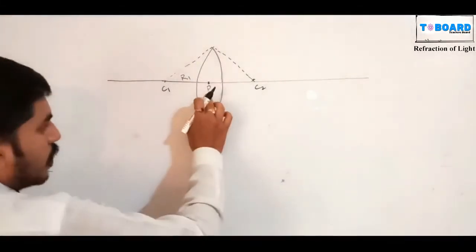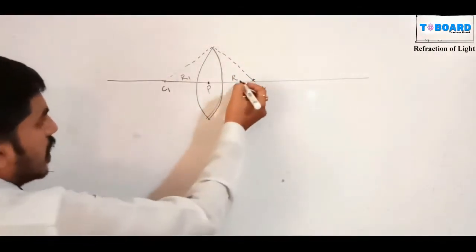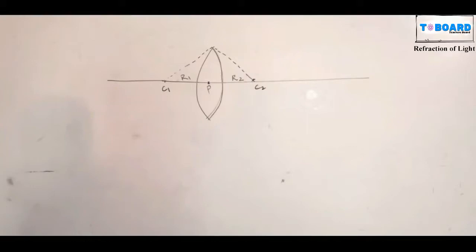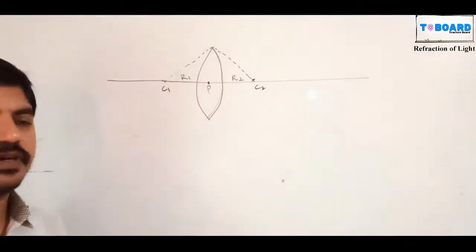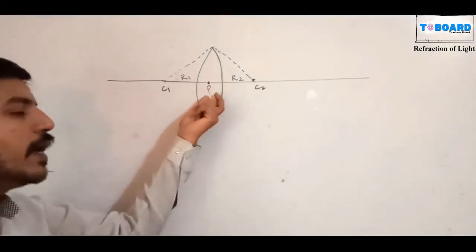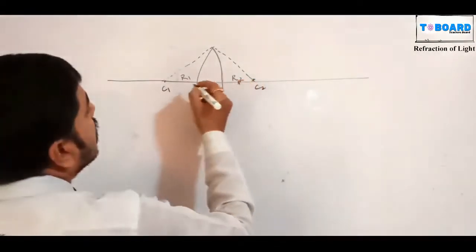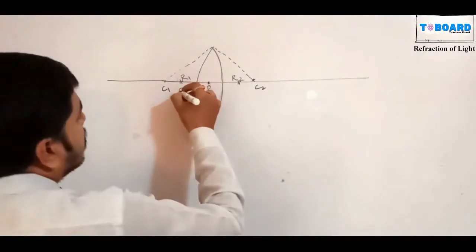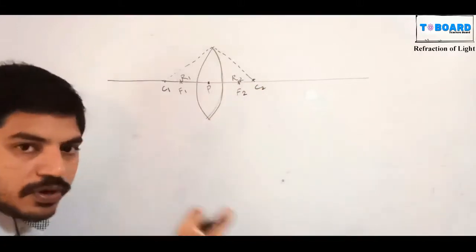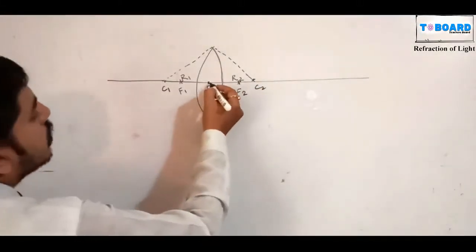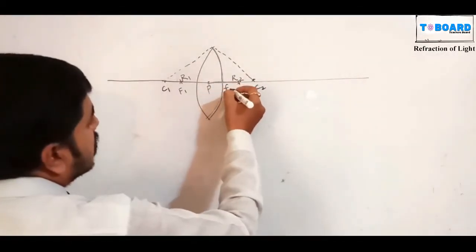And from the optic center to the other center of curvature, this is also called a radius of curvature, R2. So lenses contain two centers of curvature, two radii of curvature, one optic center, and we also have focal points and focal lengths. This is f1 and this is f2, the two focal points. The distance from the pole, or optic center, to the focal point is called the focal length, f2.